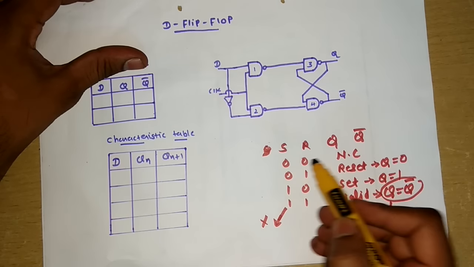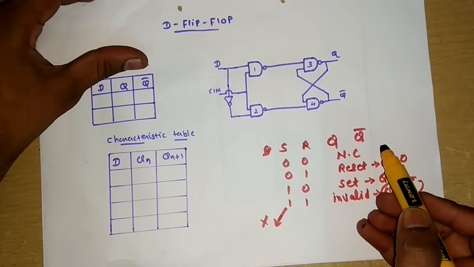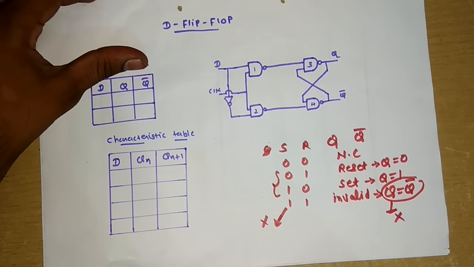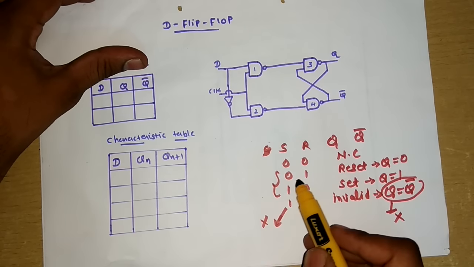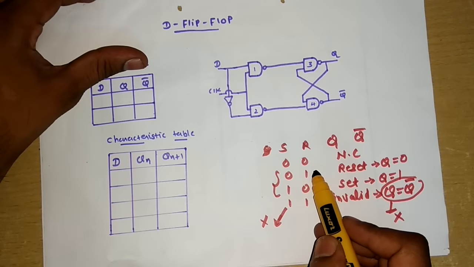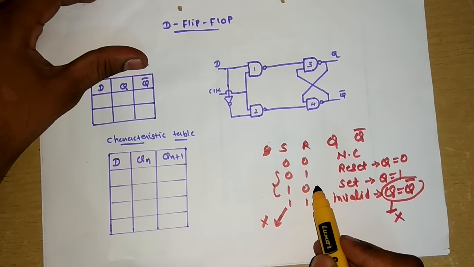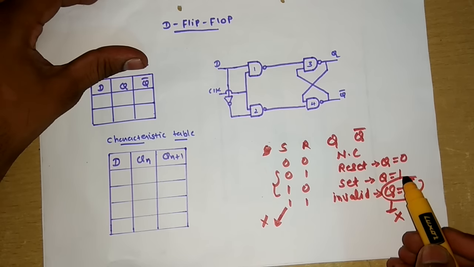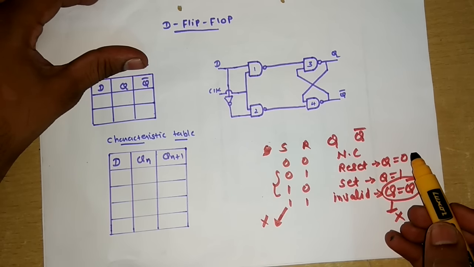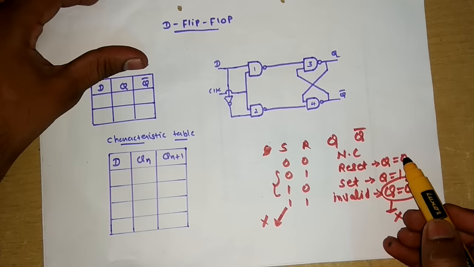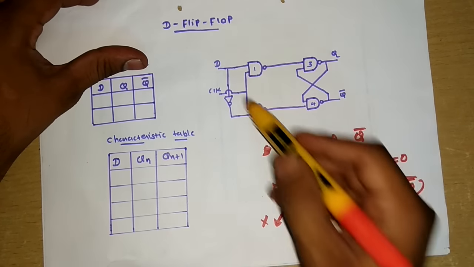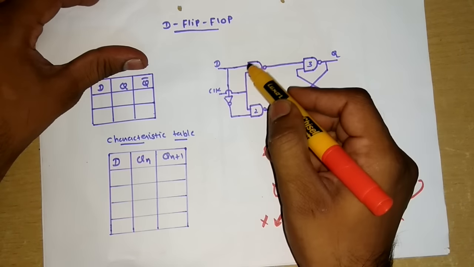When both are 0 0, there is no change in flip-flop state. So only two states are meaningful in this SR flip-flop, that is when S is 0, R is 1, and when S is 1, R is equal to 0. So either you have set state of flip-flop or reset state of flip-flop. So for the implementation of only these two states, D flip-flop has been invented.